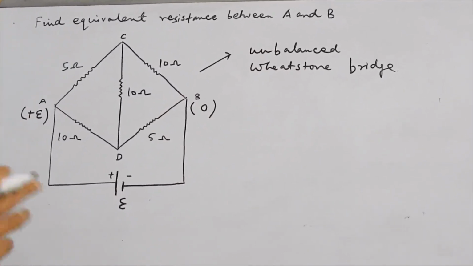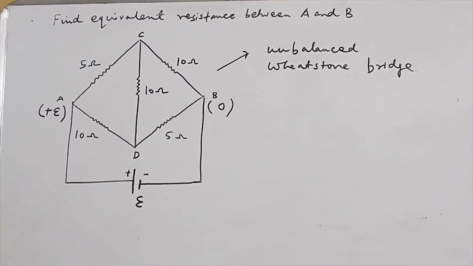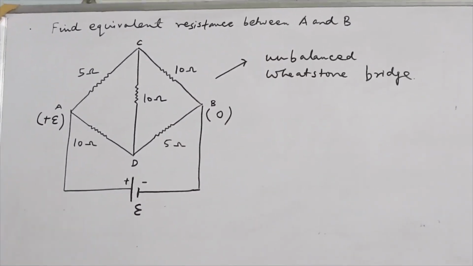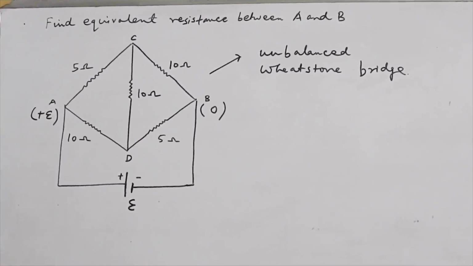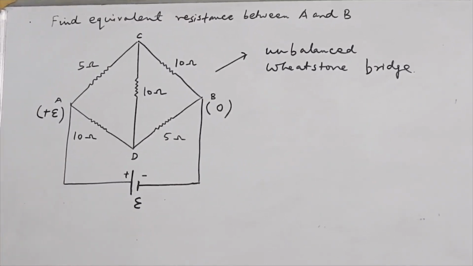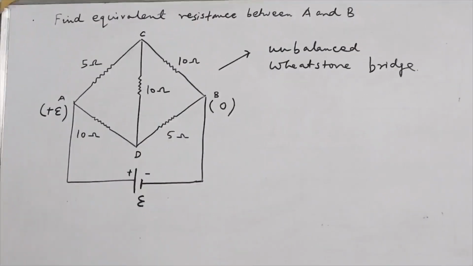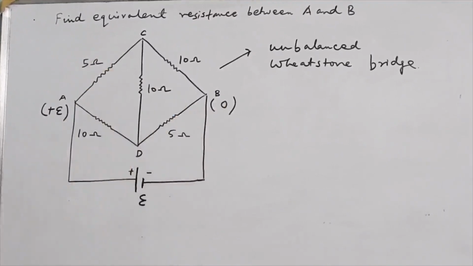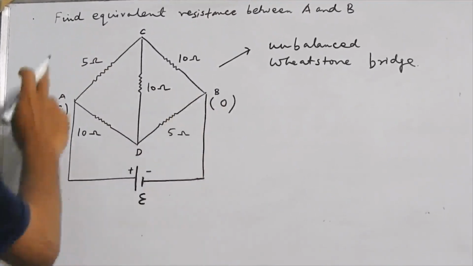We can also assume any value for epsilon. Epsilon can be 1 volt, 10 volt, 5 volt, whatever it is. But from a general viewpoint, I am using an epsilon volt battery, which means that this is epsilon, this is 0 volt, so that the potential difference between these 2 points is epsilon.